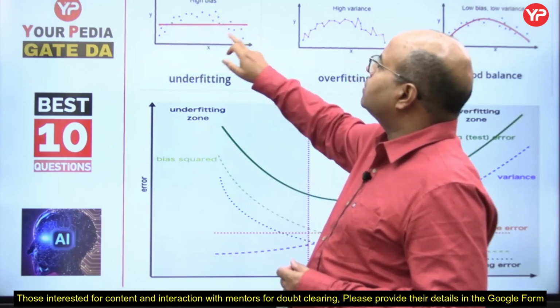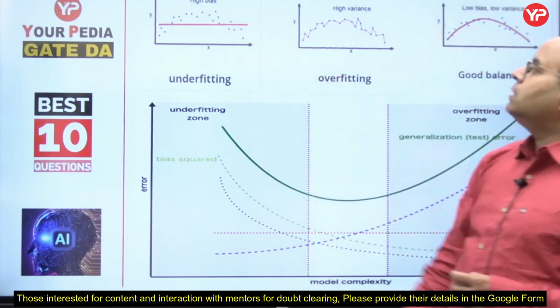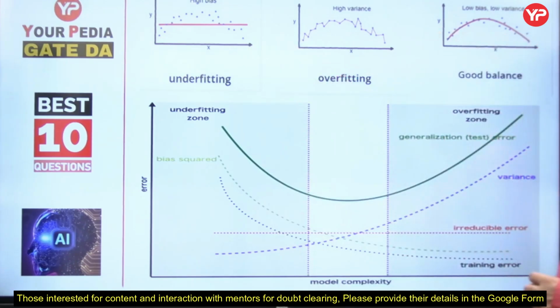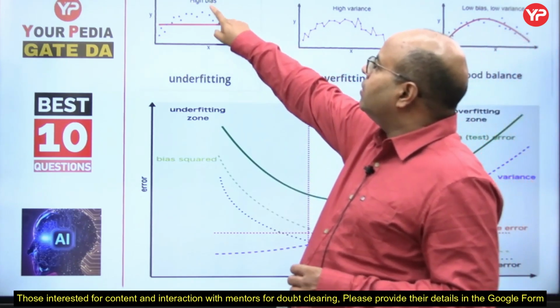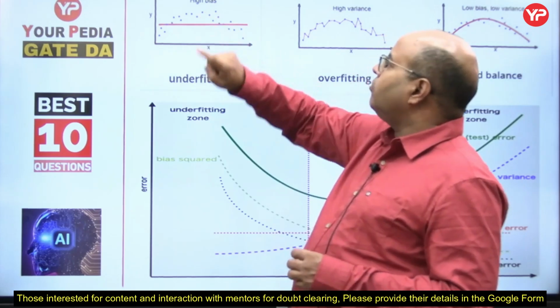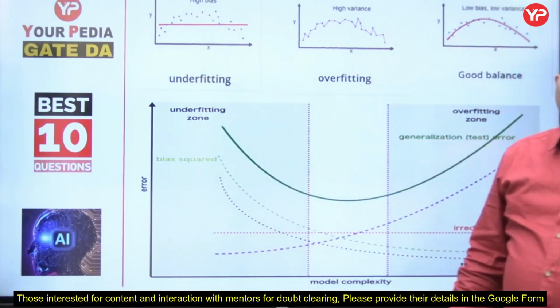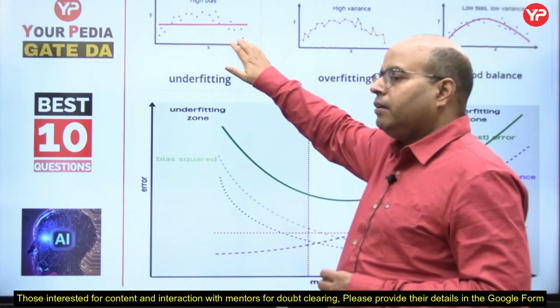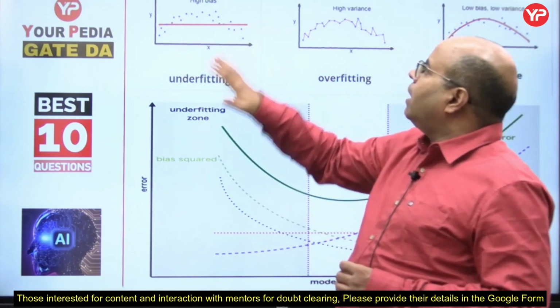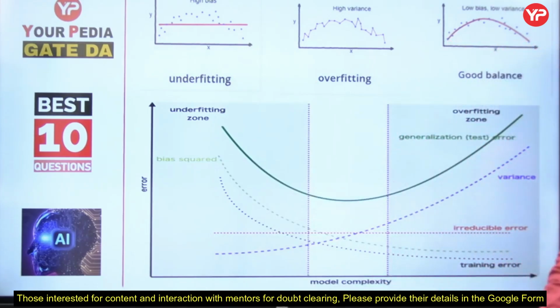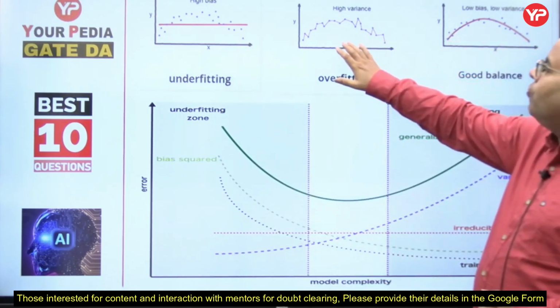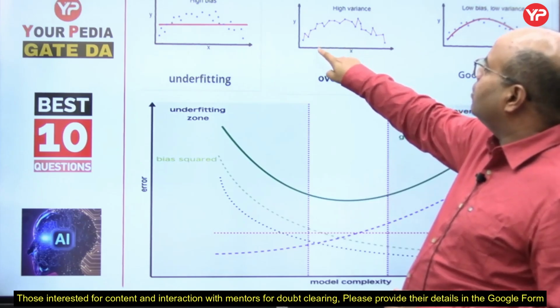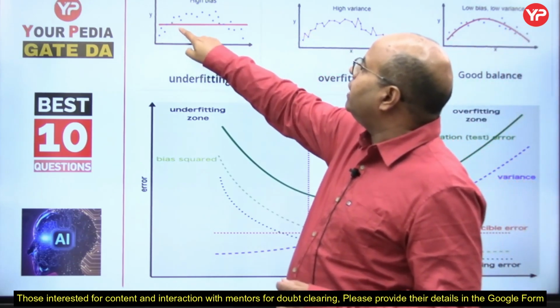Data is distributed like this, but we have fitted a single line. So what will happen? There will be a lot of error in the training set, and that will be called bias error. Here, since we have applied a very simple model, a single line, we are getting high bias error. And here you see, we have fitted our model to each and every data point.